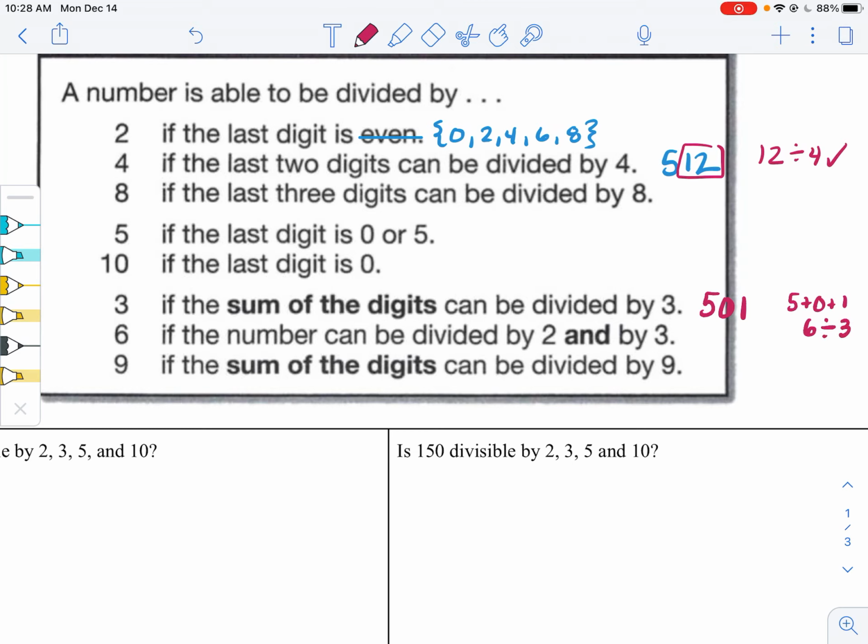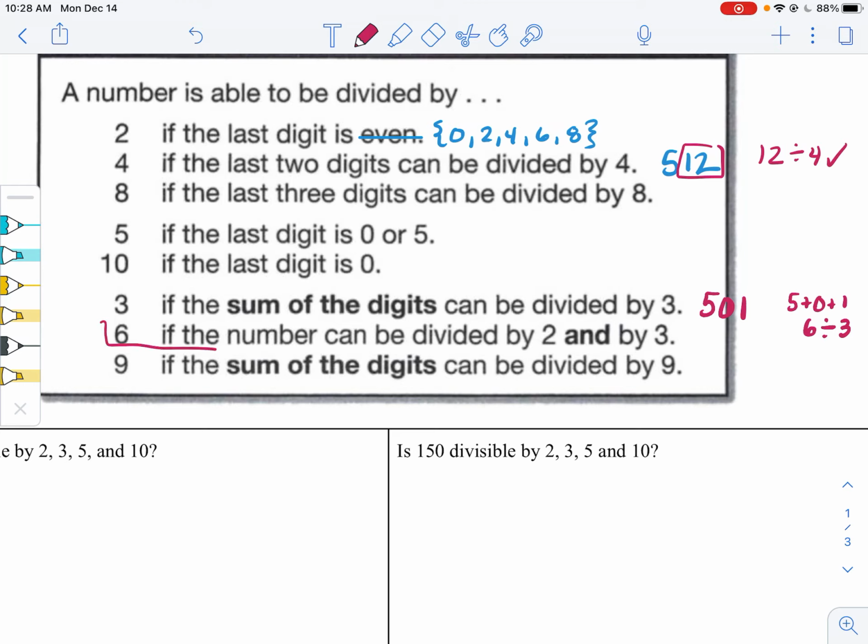Can 6 be divided by 3? Can the sum of the digits be divided by 3? That is how we find out 3 and 9. For 9, the sum of the digits must be divisible by 9. Those two are nice and easy ways to check because you can add up the digits using mental math.